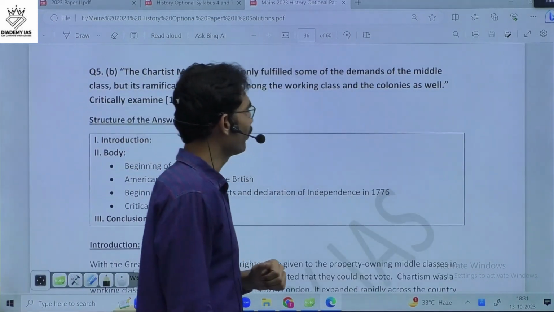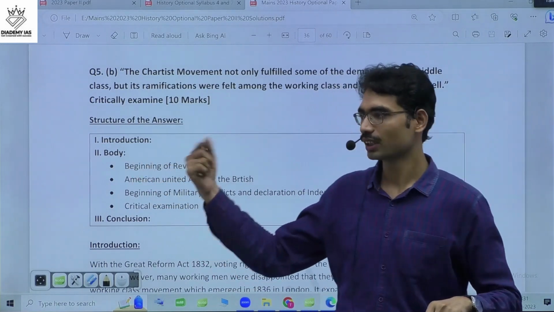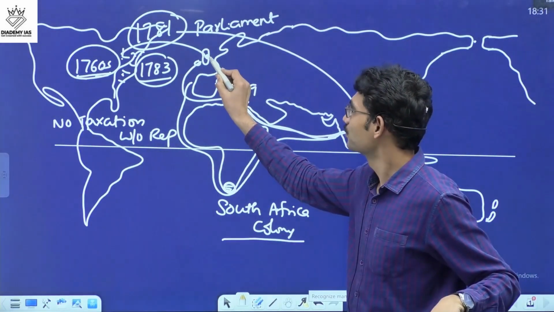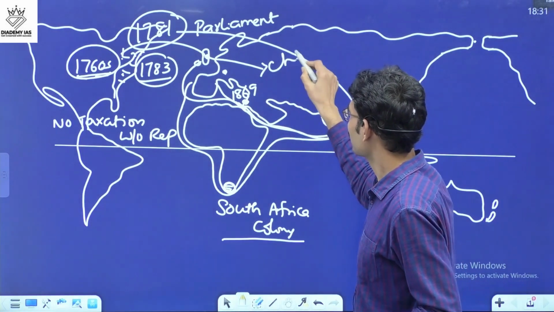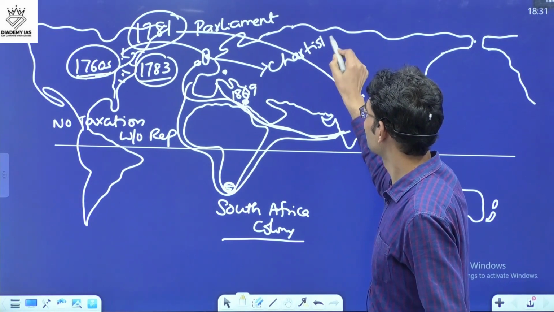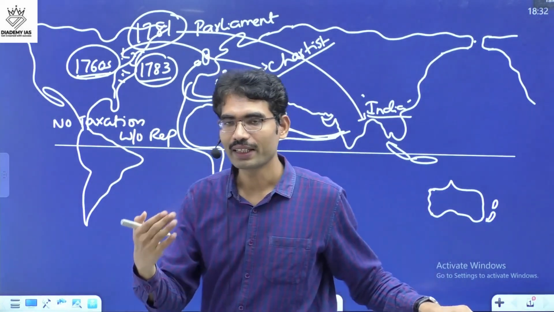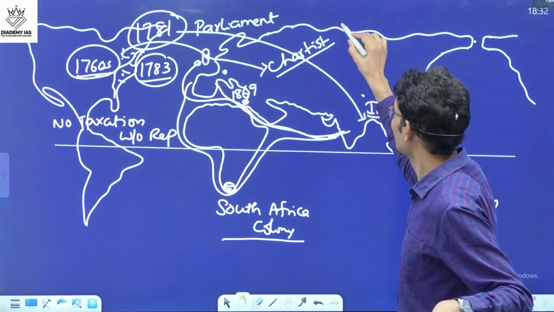The Chartist movement. Now, the question is coming towards Britain. Here, Chartist. This development took place in the 1830s and 1840s.